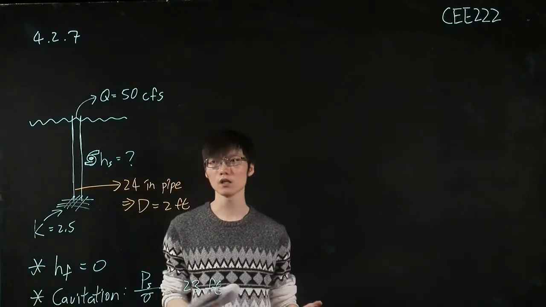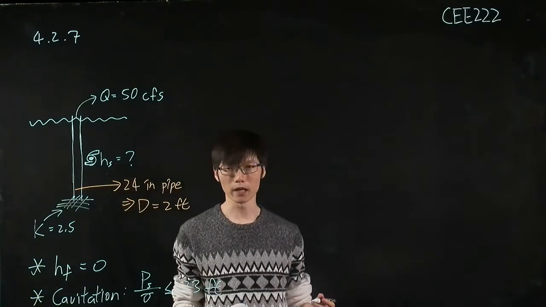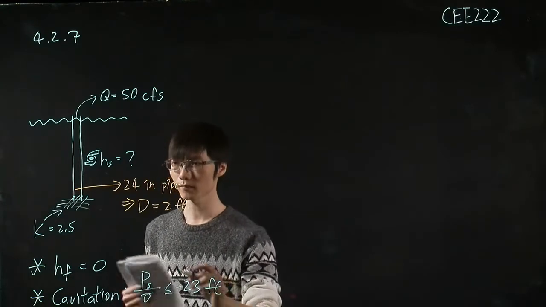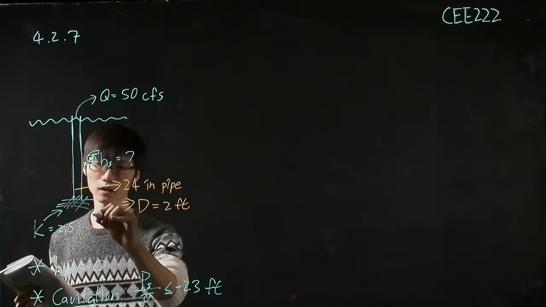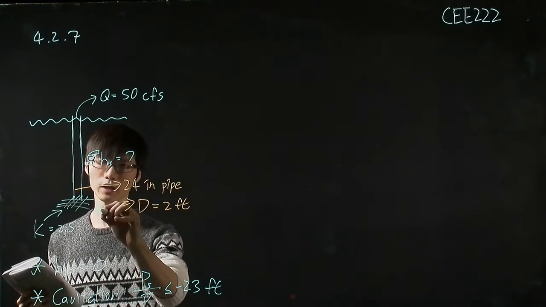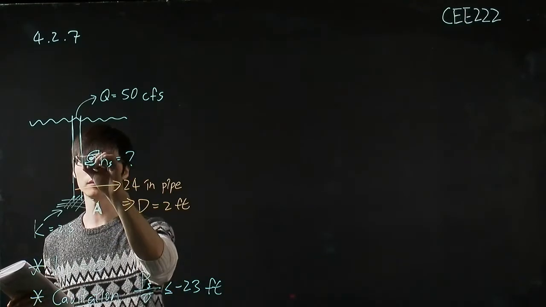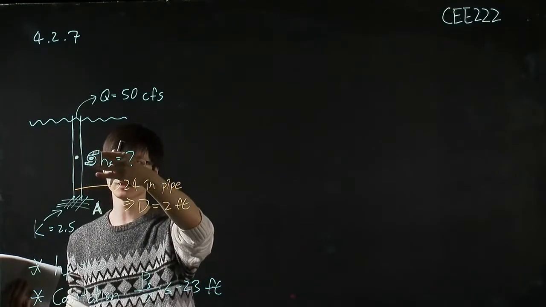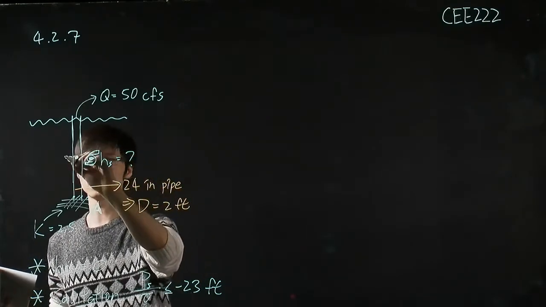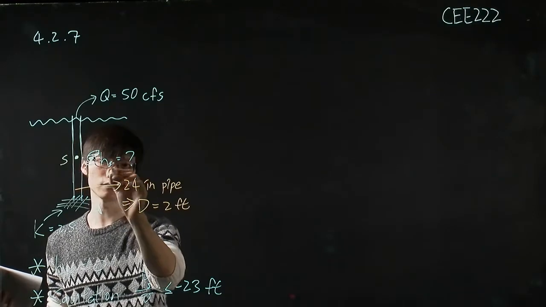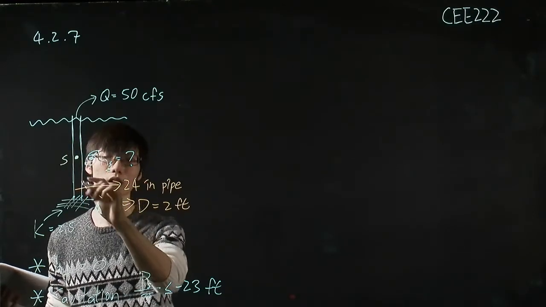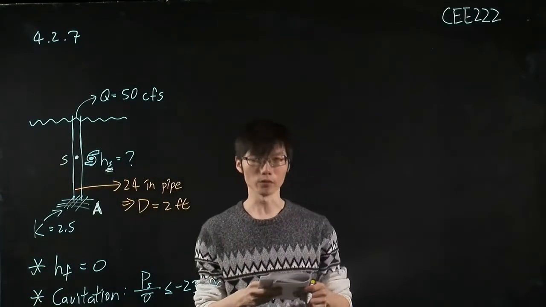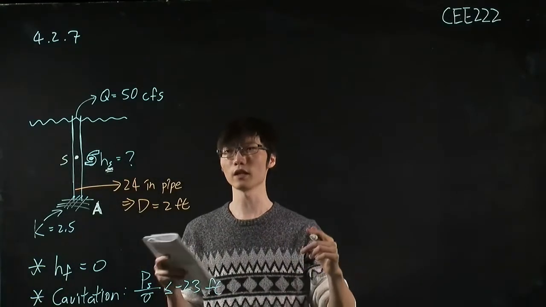So similarly, we solve it by the energy equation. So let's pick the 2 points that say this is point A, and we want to place the pump somewhere in this pipe. Let's say this point is A, which is the location where we place the pump. So let's write down the energy balance equation.